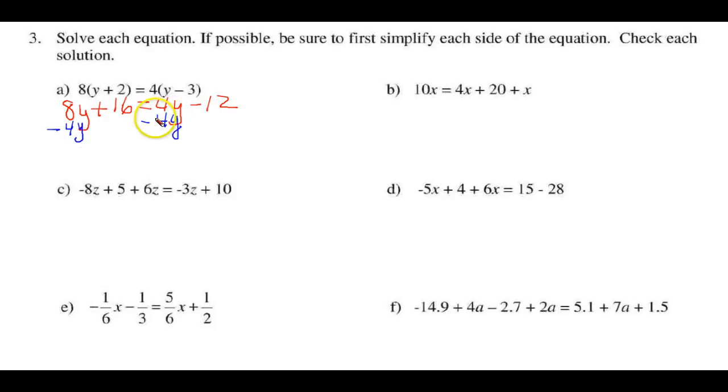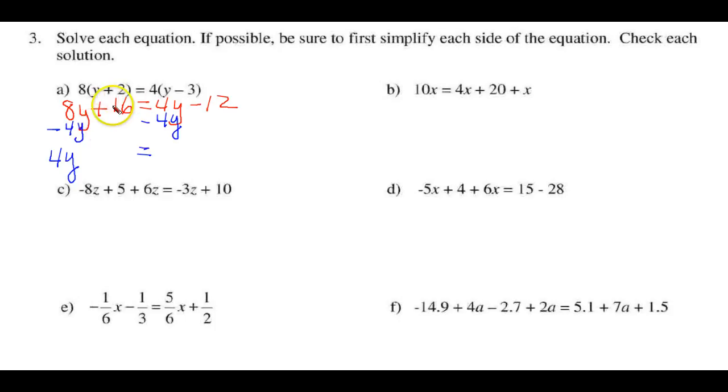This is a negative 4, a negative 4. Sometimes students will put a negative here, but they don't put the negative there, and of course they get the wrong answer. So this now is going to become a 4y, and this is going to be a 0.